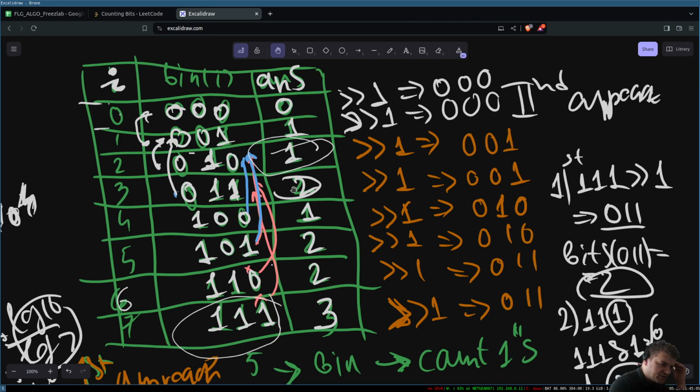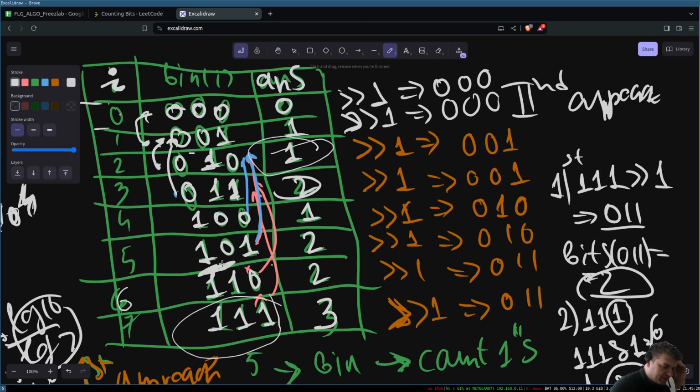The number of bits for 011 is going to be 2. That efficiently calculates the number of bits in the first half of the number.